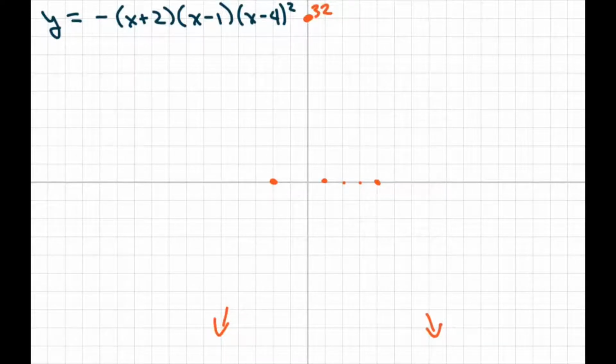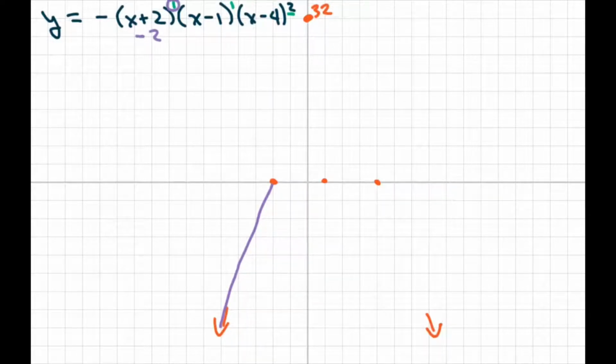So we also have to look at our multiplicities here. If the multiplicity is an even number, like this one, that means you can't cross the x-axis. You can touch it and go back down. So let's look at this. We're going up to negative 2, which is where we got our negative 2.